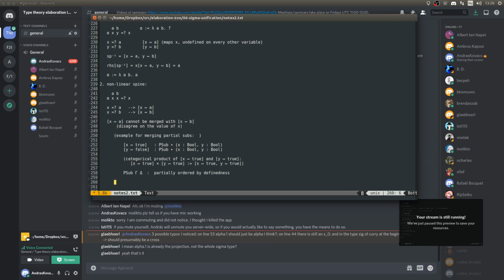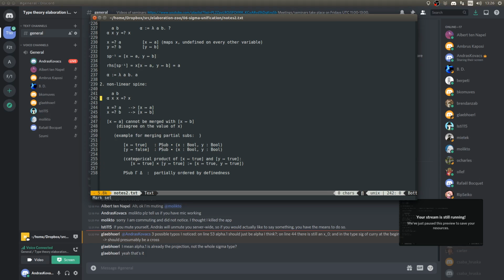But this is just a short categorical excursion. I worked quite a bit on formalizing this whole unification algorithm using these categorical terms. I could talk about it, but maybe not today because we don't have that much time left.